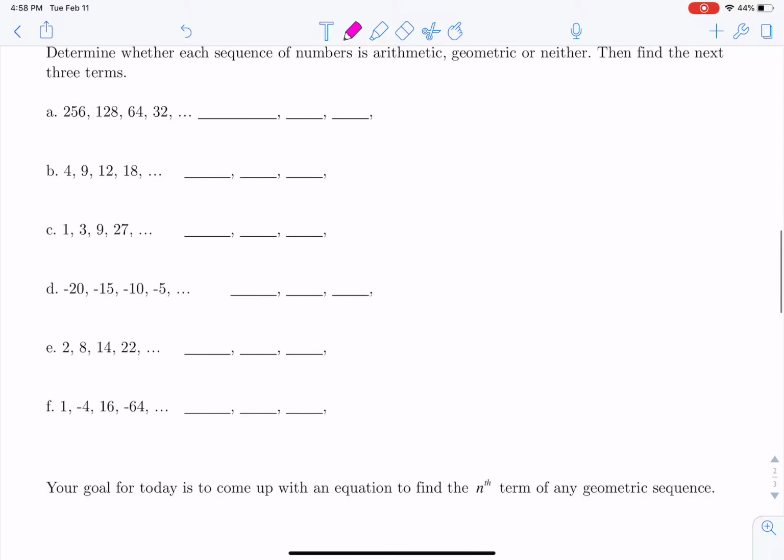So let's take a look up over here at letter E, and let's do this one together. I can see that 8 minus 2 is going to give me 6, and that 14 minus 8 is also going to give me 6. So this is arithmetic. And I can do 22 plus 6, and that's going to give me 28.